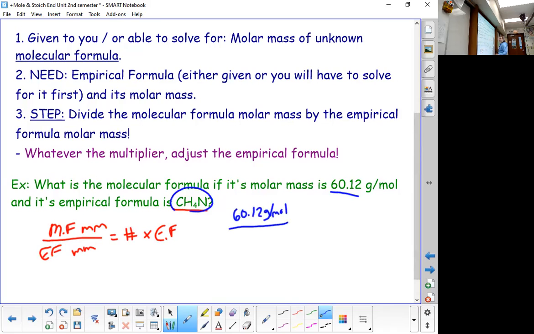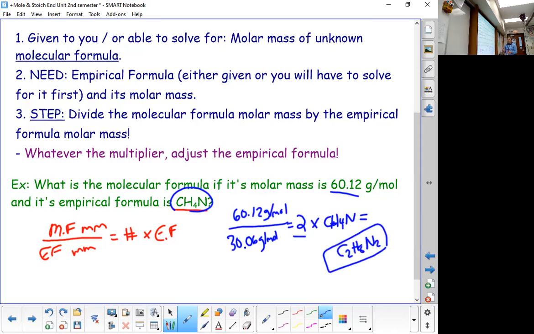We have the empirical formula, so we're just going to add up the molar mass of that: 12.01 plus the 4 hydrogens, 4.04, plus nitrogen, 14.01, and we get 30.06 grams per mole. You're going to get 2 as your number. So the molecular formula, the actual number of atoms in this compound, is 2 times the empirical formula of CH4N. So the molecular formula is C2H8N2. And that would be the actual number of atoms in that compound.